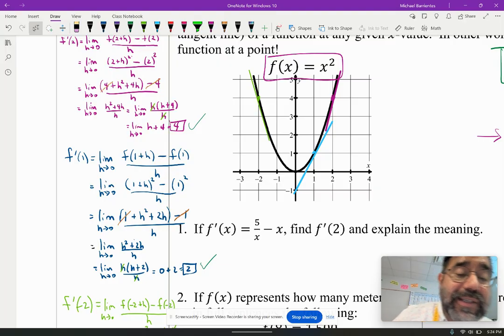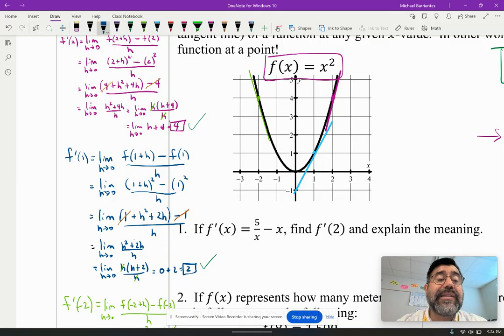The moral of the story is, if it's the same process, then why don't we use this limit process, but instead of plugging in a 2 or a 1 or a negative 2, why don't we just leave it as an x, so that at the end we're not getting a derivative value like this, we're getting a derivative expression or function or equation.